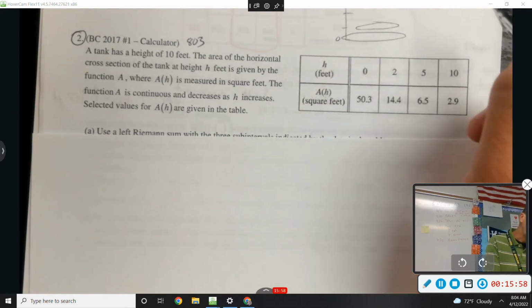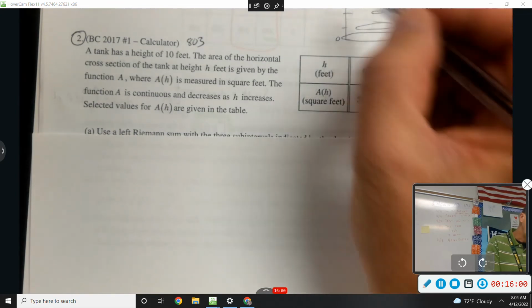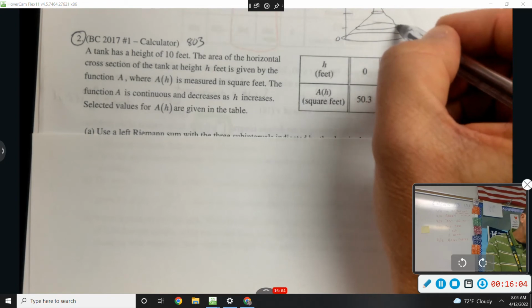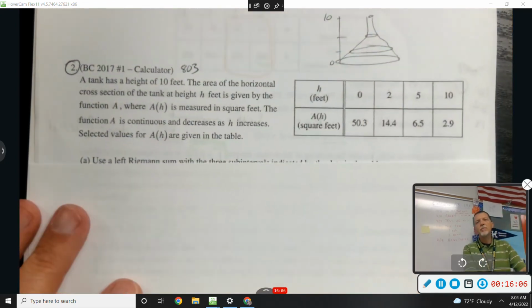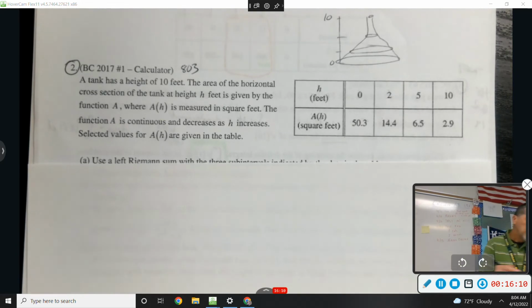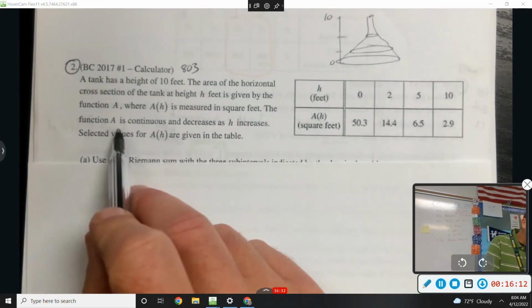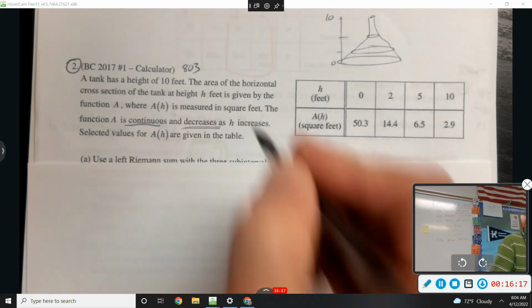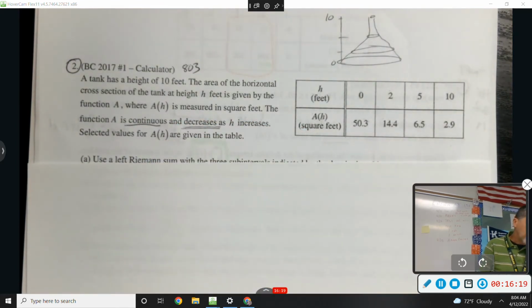At 5 it's a little less, and at 10 it's pretty small. I don't know exactly what this looks like. It's like a flask in chemistry or something, maybe. We don't really know the shape. The function A is continuous and decreases as h increases. Selected values for A are given in the table.